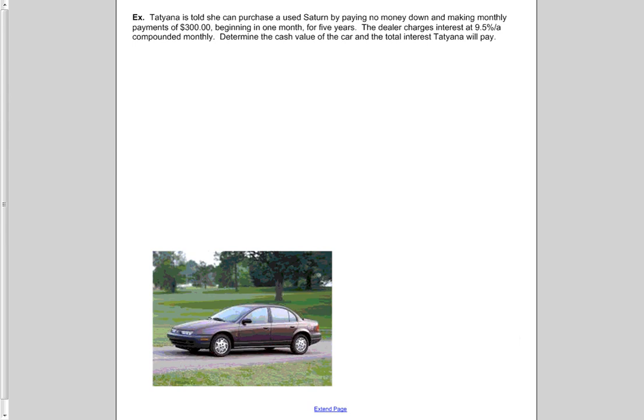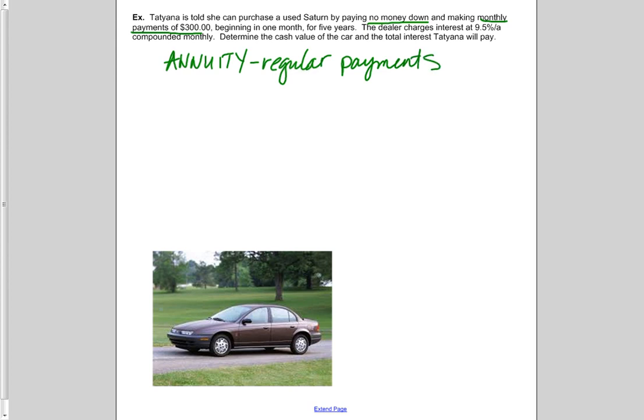Tatiana is told she can purchase a used Saturn by paying no money down. That's lovely. And making monthly payments of $300. As soon as you see regular payments, you know it's going to be an annuity. Regular payments or payments to you. Then our choice is this an amount problem or a present value?